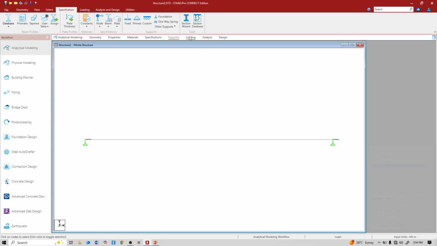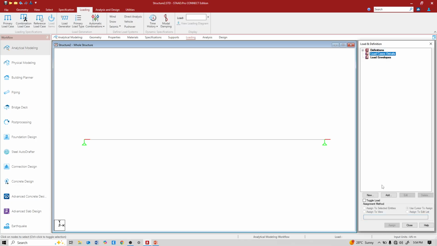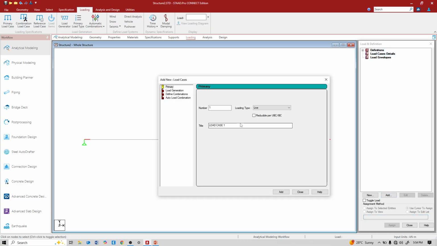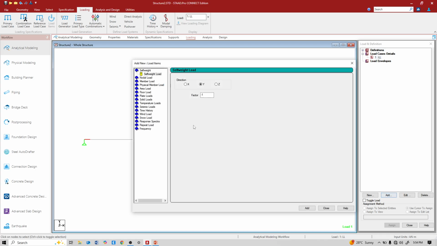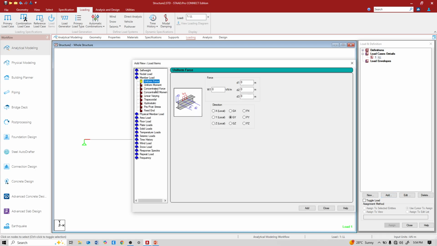Now loading. First we will put concentrated point loads, minus 50 in the GY direction, minus 50 because it is a downward load, and D1 is 2 meter.